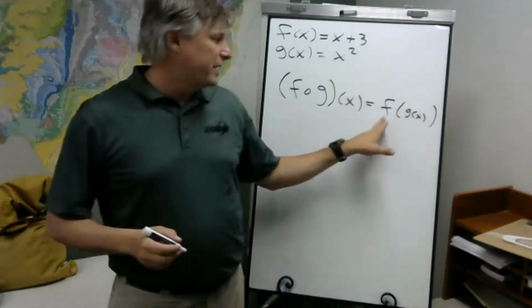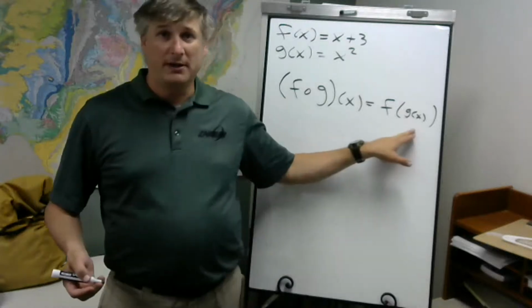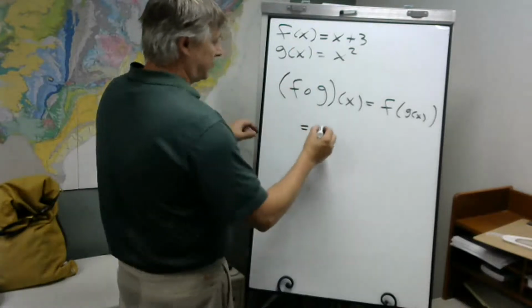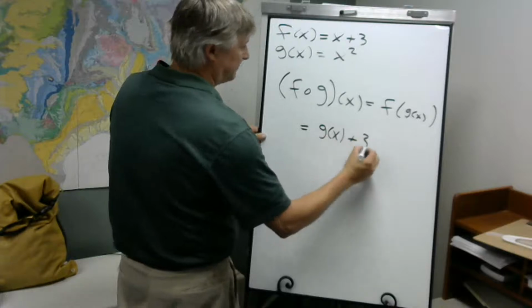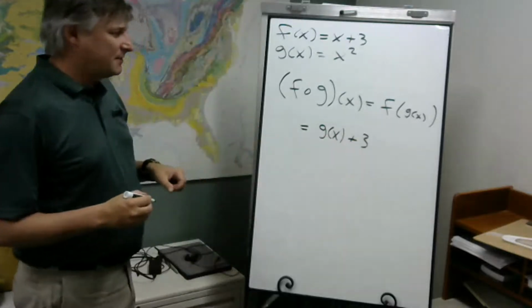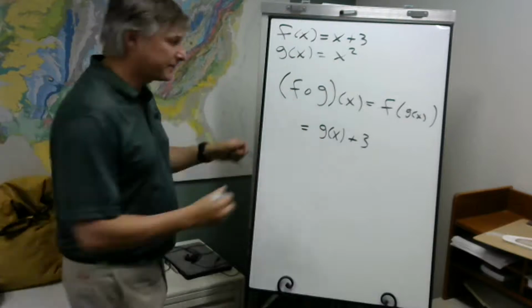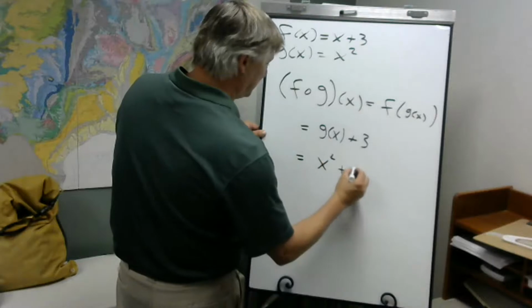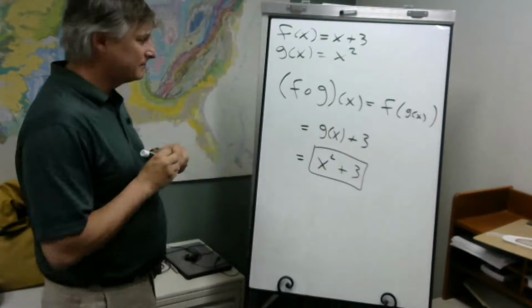So in the function f, wherever you see an x, replace it with g of x. So in this case, instead of x plus 3, we get g of x plus 3. And then we replace g of x with what g of x actually is. It's x squared. So we get x squared plus 3. So that's f composition g.